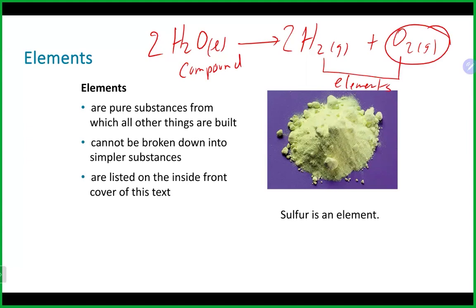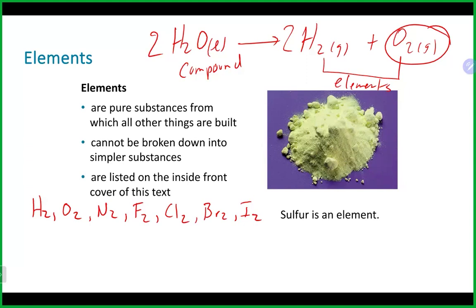There are actually 7 elements that come naturally as twos. Those are hydrogen, oxygen, nitrogen, fluorine, chlorine, bromine, and iodine. So those 7, when they are uncombined with anybody else, come as twos.